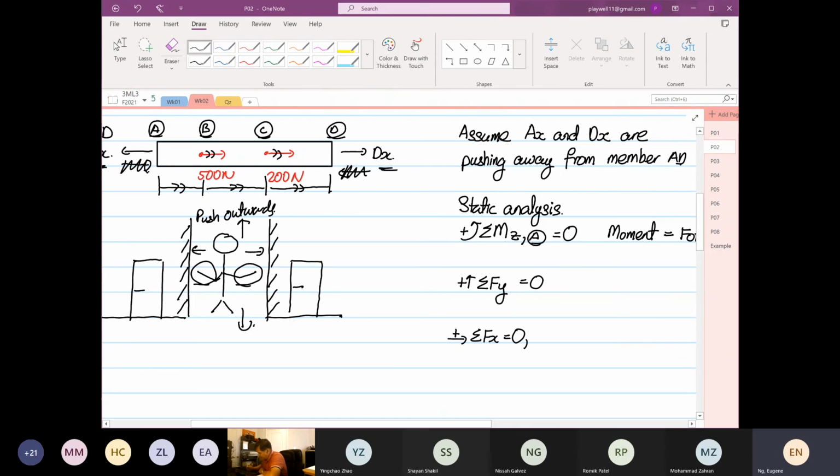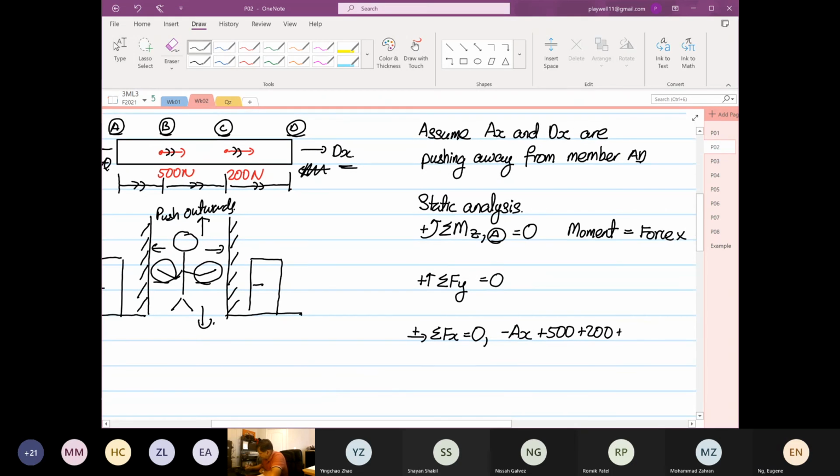So you will have minus Ax plus 500 plus 200 plus Dx. Okay, so you just tidy things up. Minus Ax plus Dx is equal to minus 700.